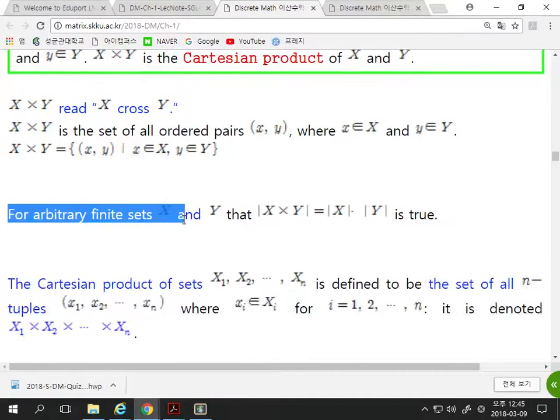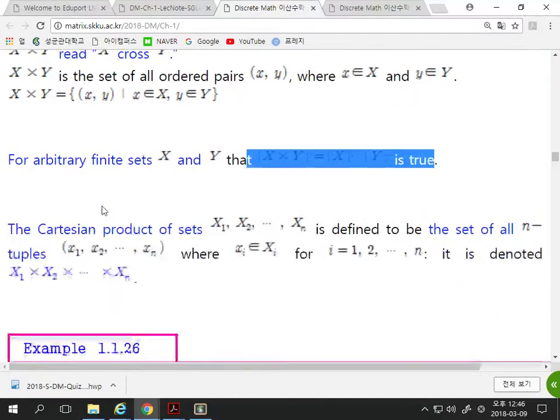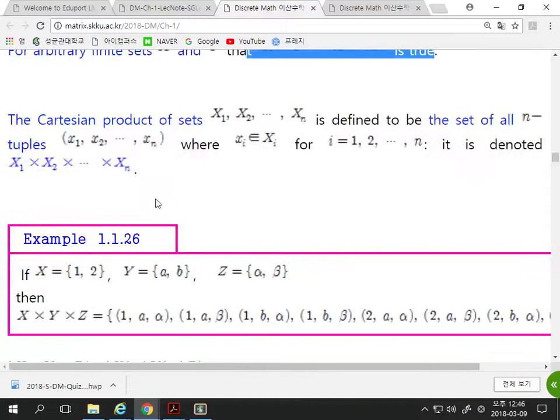And for arbitrary finite sets X and Y, the cardinality of the Cartesian product of X and Y is the same as the product of the cardinality of X times the cardinality of Y. This is always true for any finite sets X and Y. The same thing works for the Cartesian product of n sets.